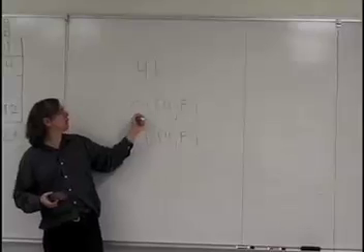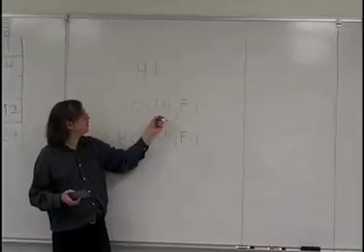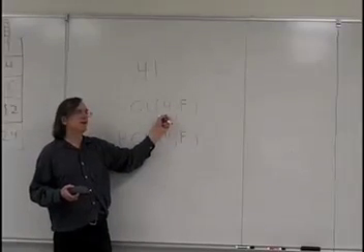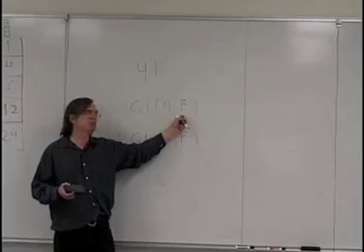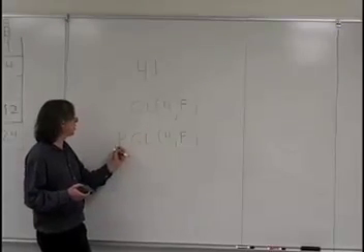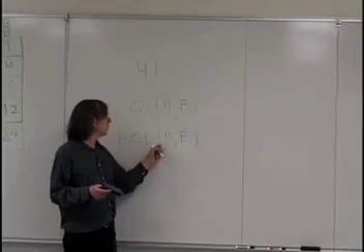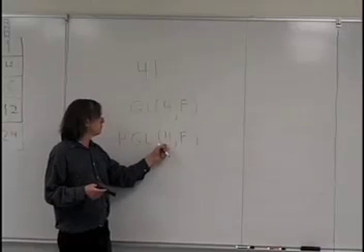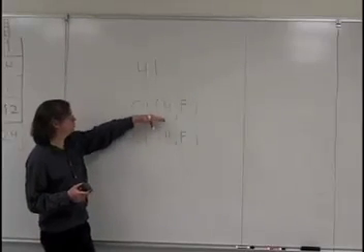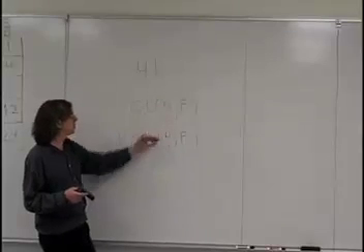So GL is the general linear group. It's the automorphism group of a 4-dimensional vector space over the field F. PGL is the notation for the projective general linear group. So this is a certain quotient group of this. These are very closely related groups.